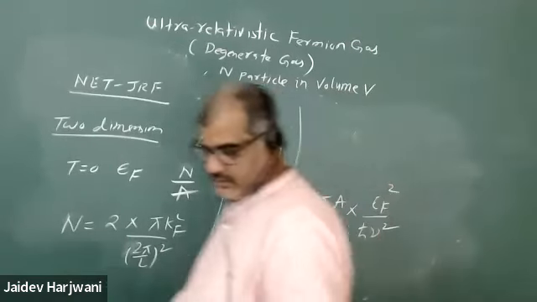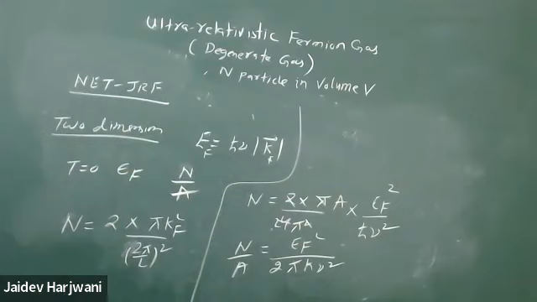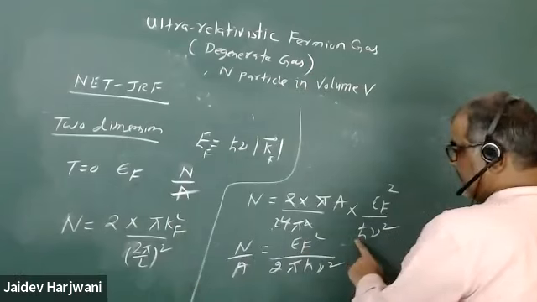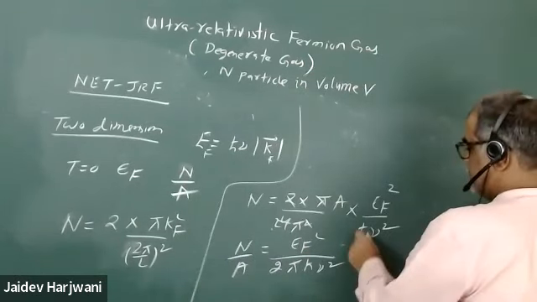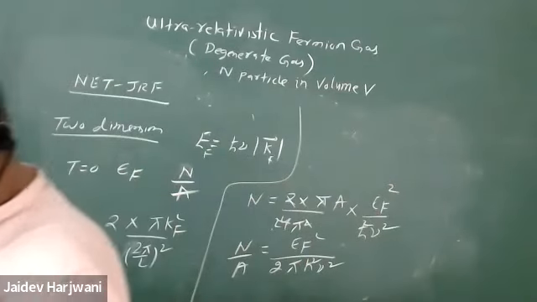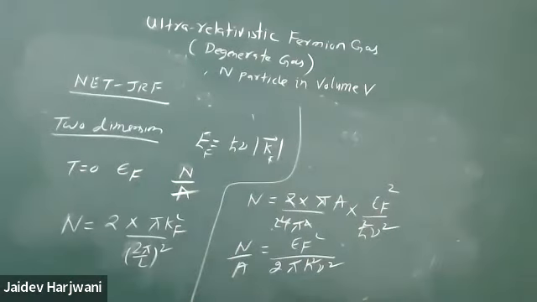Let me check. EF square upon 2 pi nu square h cut, and h cut square is there, yes. Just give me 1 minute to check these values.